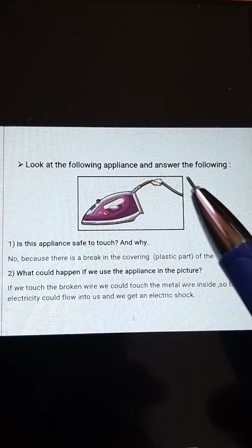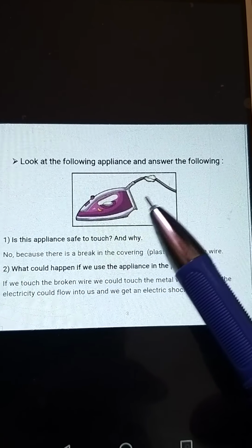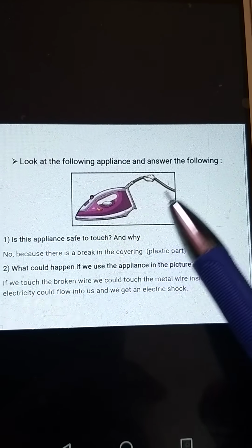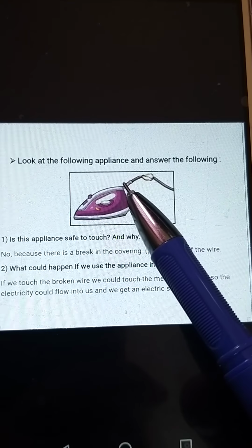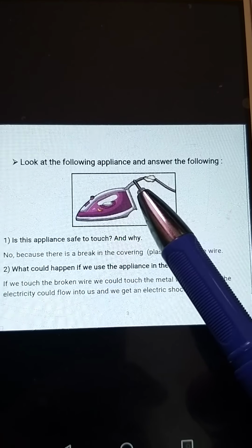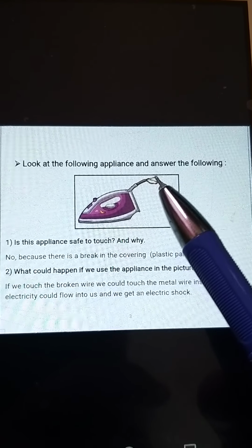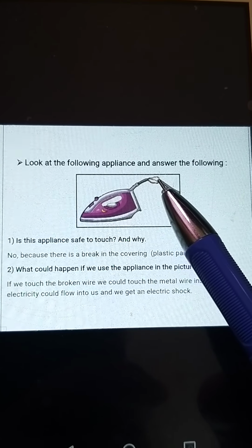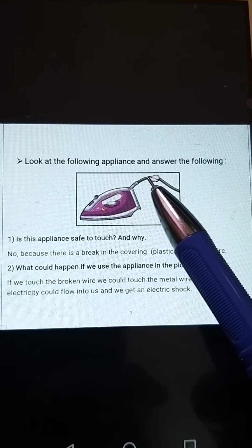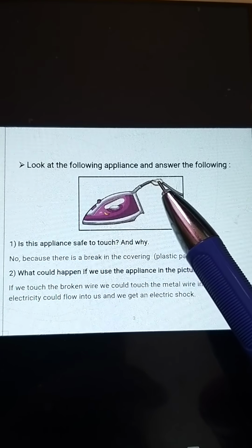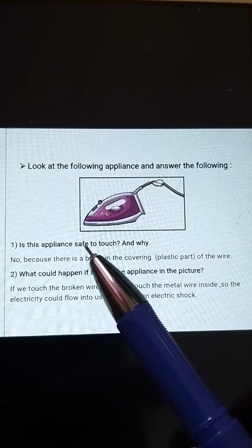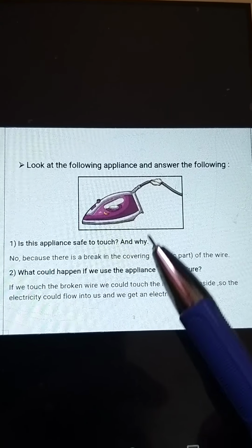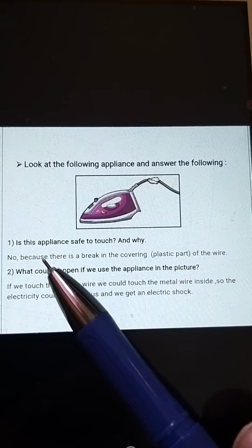Okay, now look at the following appliance and answer the following. What happened to this appliance? Can you see here the wire? What happened to the wire here? There is a break here. The plastic part here is broken from this part. So we can see the metal wire inside the plastic part. So is this appliance safe to touch and why? No, it is not safe. Because what?